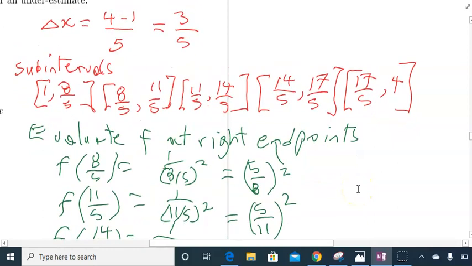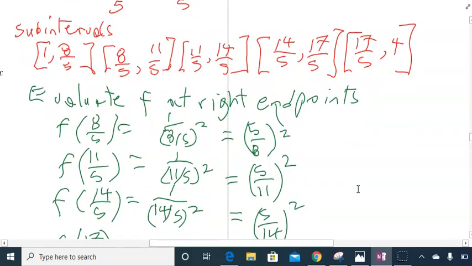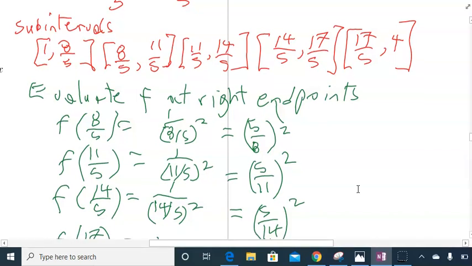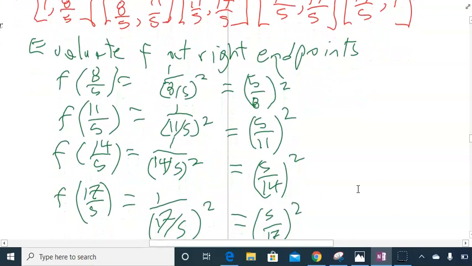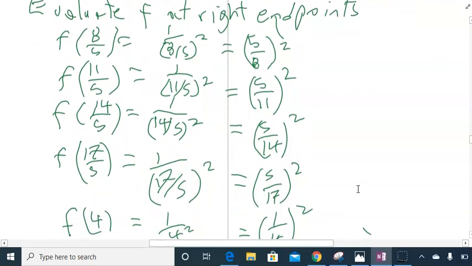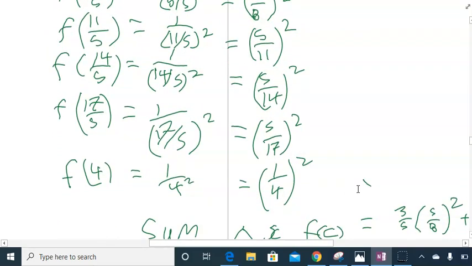And then f of 11/5 is 1 over 11/5 squared, which is 5 over 11 squared. And f of 14/5, 1 over 14/5 squared, is 5 over 14 squared. f of 17/5, 1 over 17/5 squared, is equal to 5 over 17 squared. And then f of 4 is going to be 1 over 4 squared.